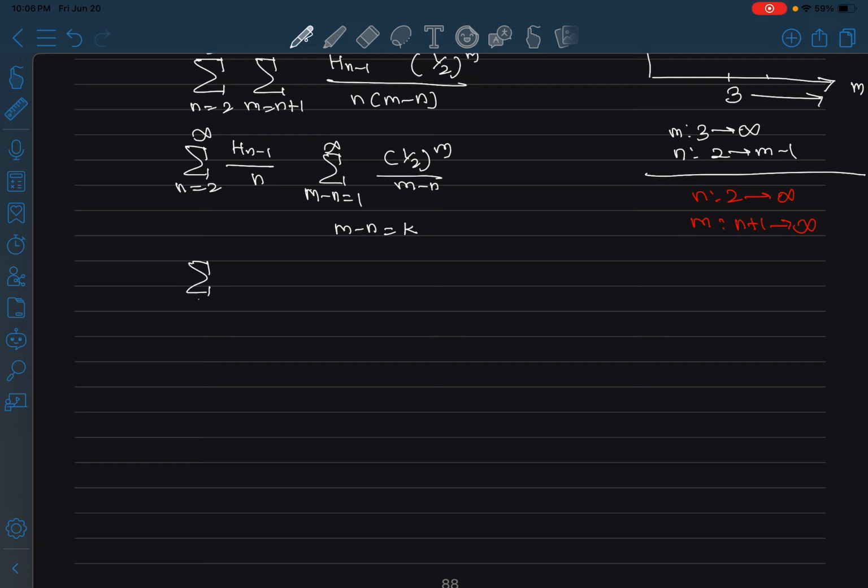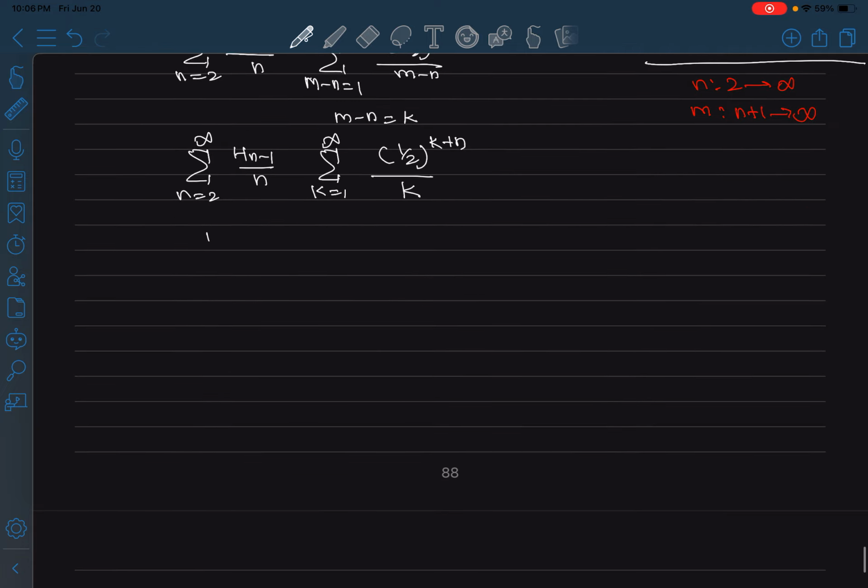So now this becomes the sum from n equals 2 to infinity, and the inner sum goes from k equals 1 to infinity of half to the power k plus n by k. Now I have to take this half to the power n outside, and this becomes the sum from k equals 1 to infinity of half to the power k by k.